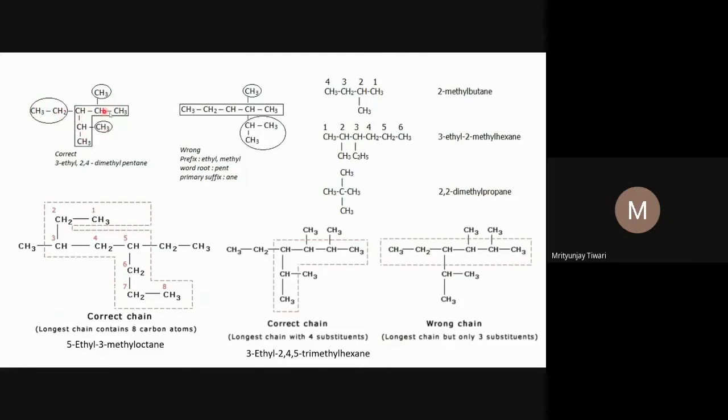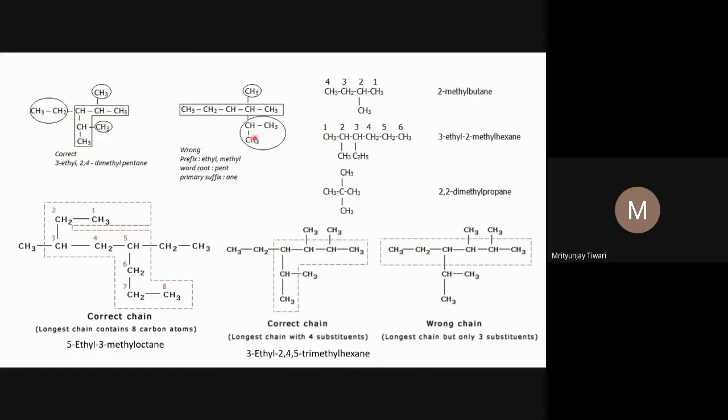So this is actually the main chain or the parent chain. So this compound's name will be 3-ethyl-2,4-dimethylpentane. And the name 3-isopropyl-2-methylpentane will be wrong.